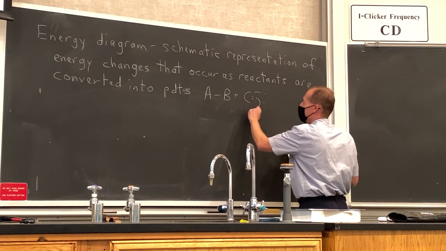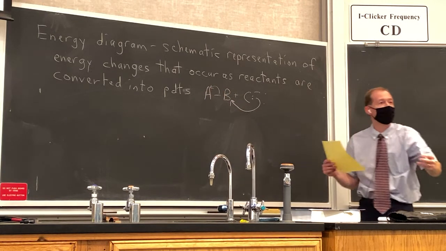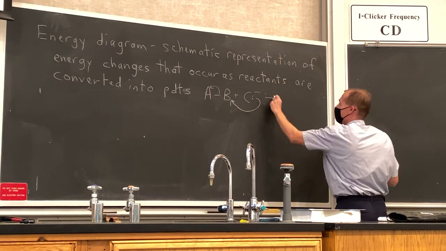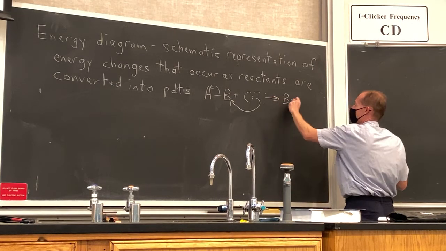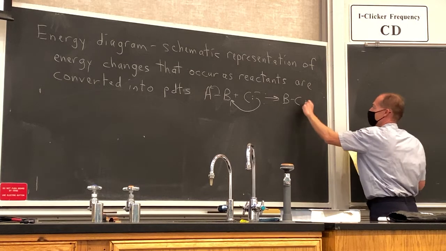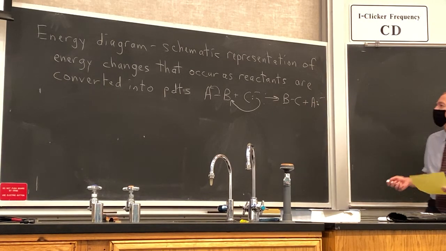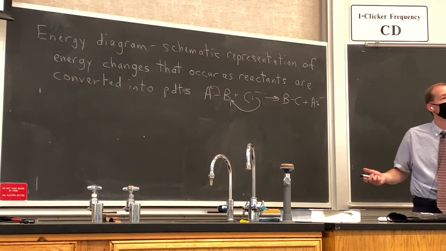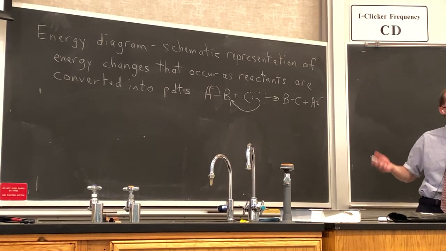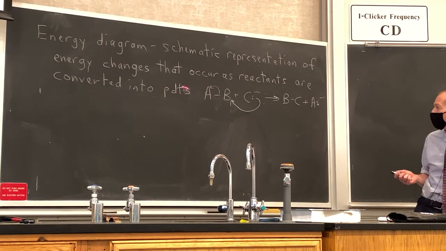C minus is going to attack B. We're going to cleave the bond between A and B. And then that's going to give us the BC product, and we're going to generate A minus, a byproduct. So what type of reaction is this? We learned types of reactions on Friday. That's a substitution reaction, exactly, okay? So that's a substitution.